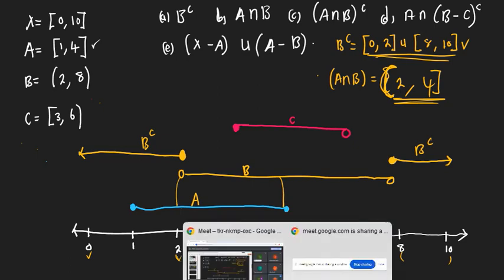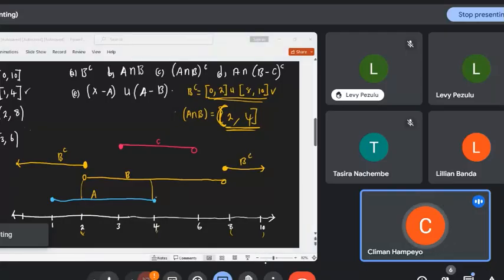I'll be very slow to do these operations so that we understand.